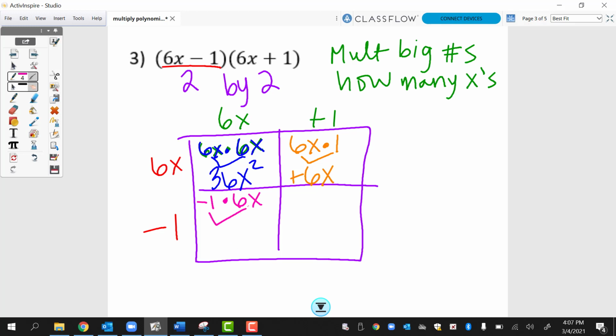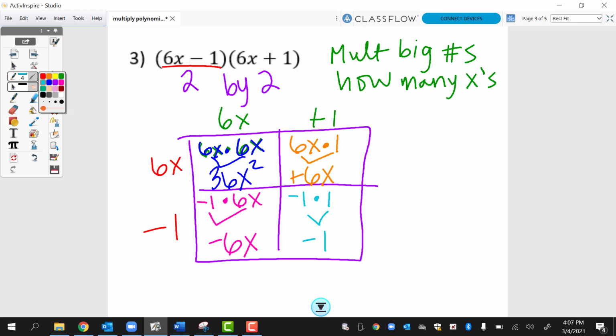Multiply your big numbers. -1 times 6 is -6. How many x's? Just the 1. And then in the last row down there, we got a -1 times a positive 1. -1 times positive 1, we multiply our big numbers, is -1. How many x's? None of them, so don't write an x.